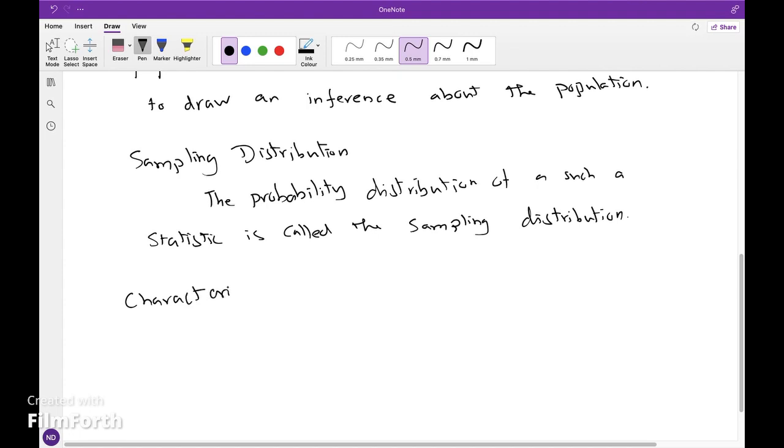Characteristics of a sampling distribution.